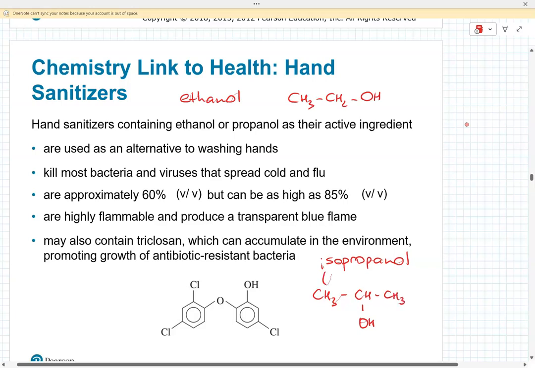Okay, isopropanol, or sometimes it's called 2-propanol because the OH group is located at the second carbon.